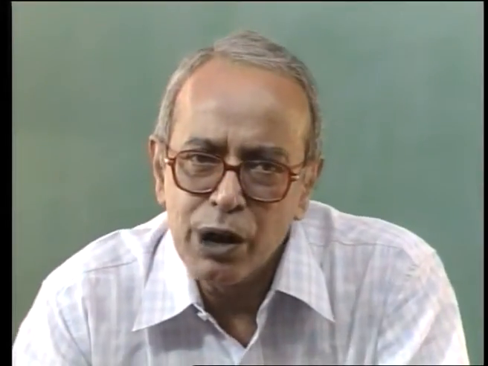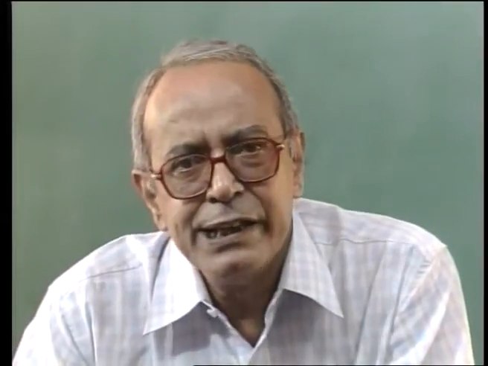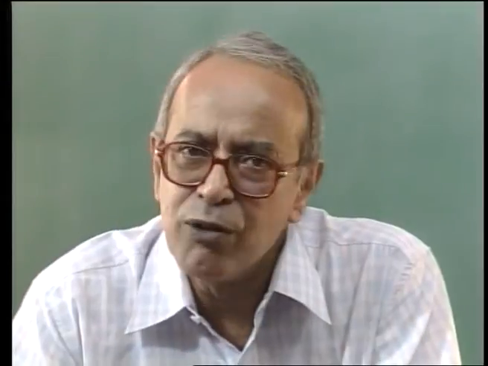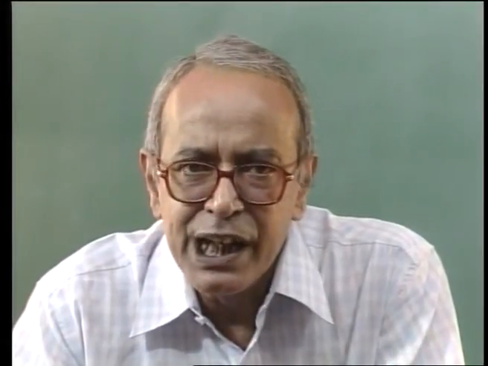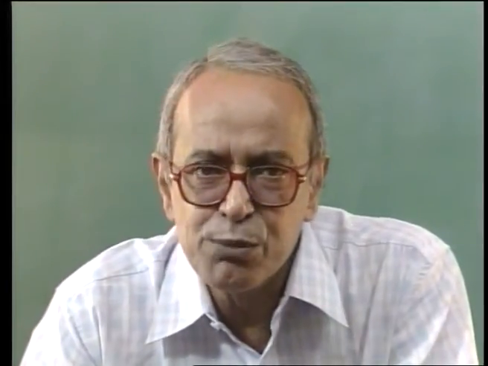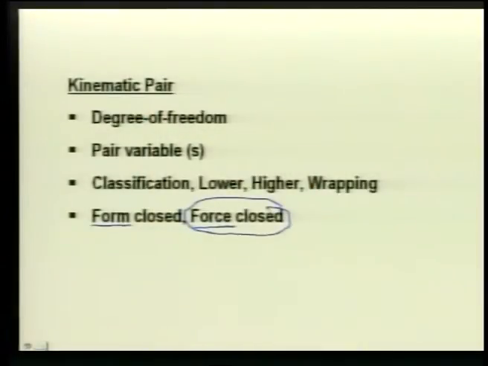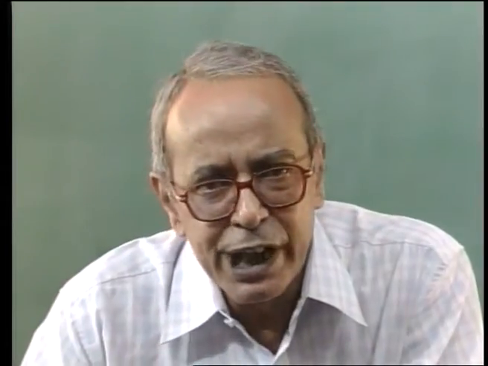If the contact between the 2 bodies at the kinematic pair is maintained by their geometric form, then we call it a form pair. Whereas, if the contact needs to be maintained by the application of an external force, then we will call it a force closed pair. All these concepts will become clear when we get into specific examples.